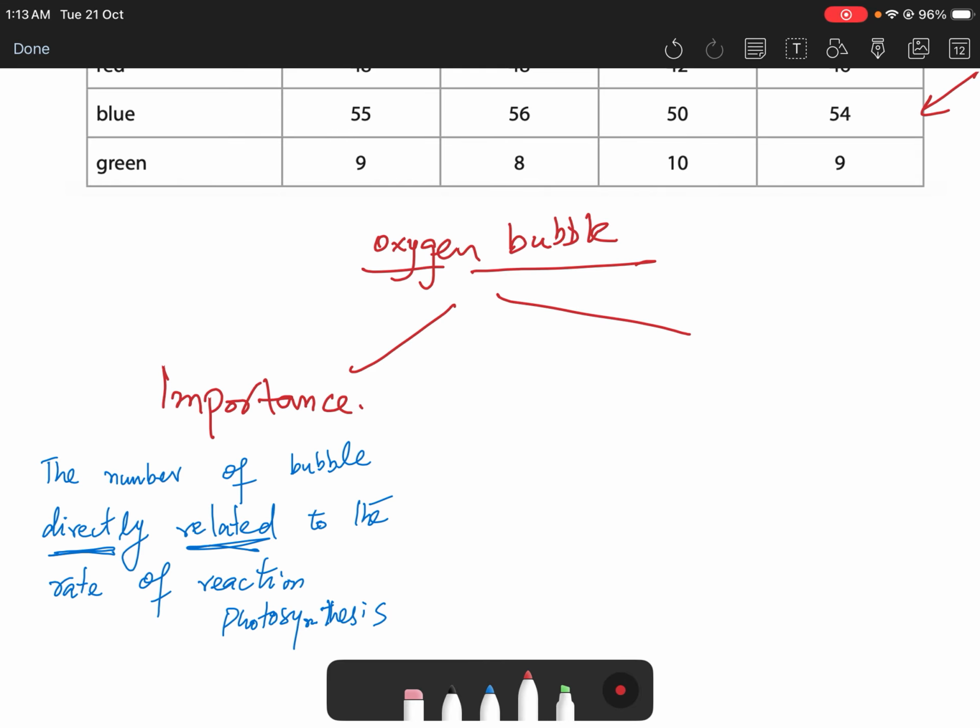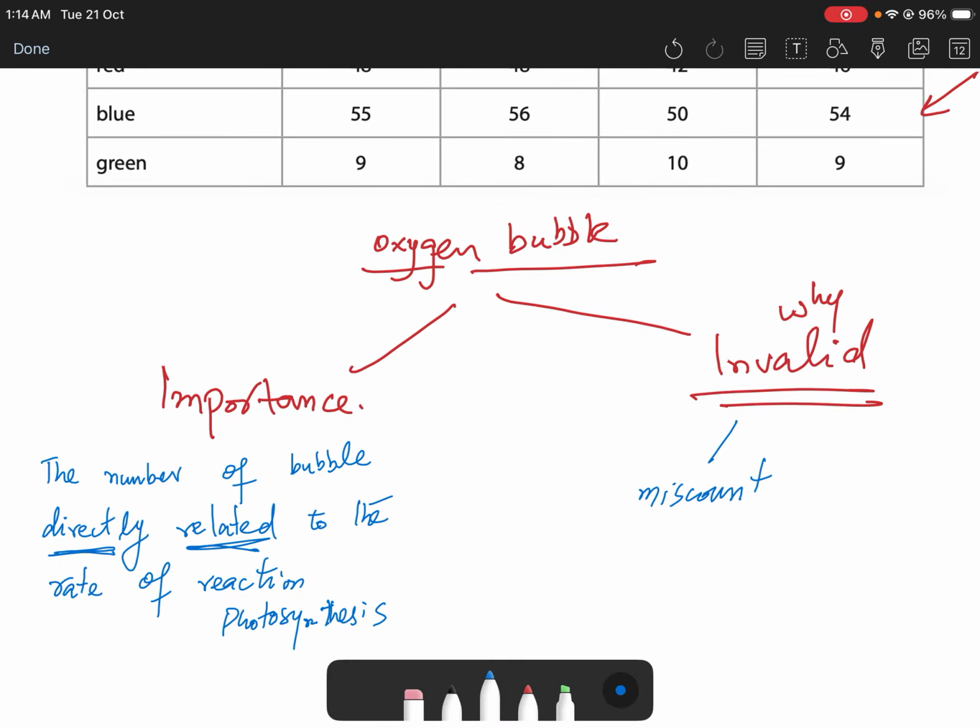Now, why is it invalid? Why is it invalid to measure the number of the bubbles? What can be the possibilities? The possibilities are miscount. So if someone miscounts the bubbles, they will make the results wrong.